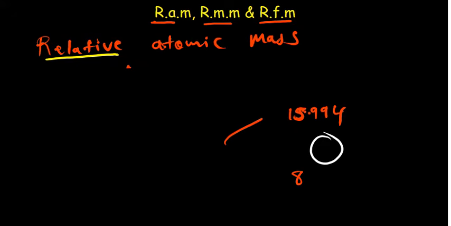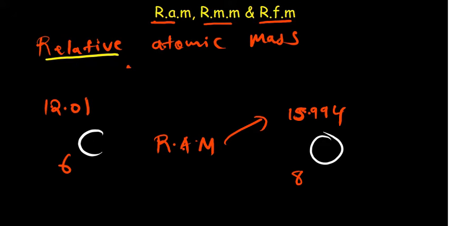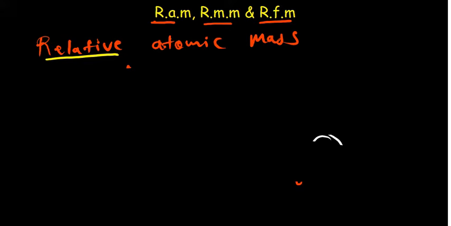That value on top is what we call the relative atomic mass in simplicity. If you look at carbon, it is 12.01, and then we have a 6. So that is the relative atomic mass of our carbon.